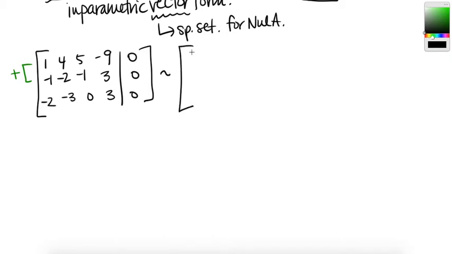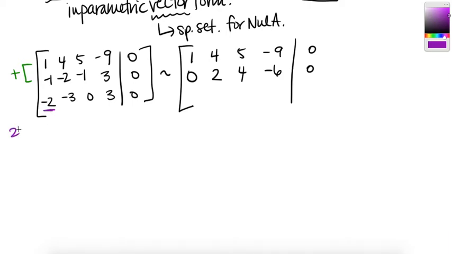So my first row doesn't change. And my second row, 1 and -1 gives me 0. 4 and -2 gives me 2. 5 and -1 gives me 4. -9 and 3 gives me -6. 0 and 0 gives me 0. And now I want to clear out this -2.